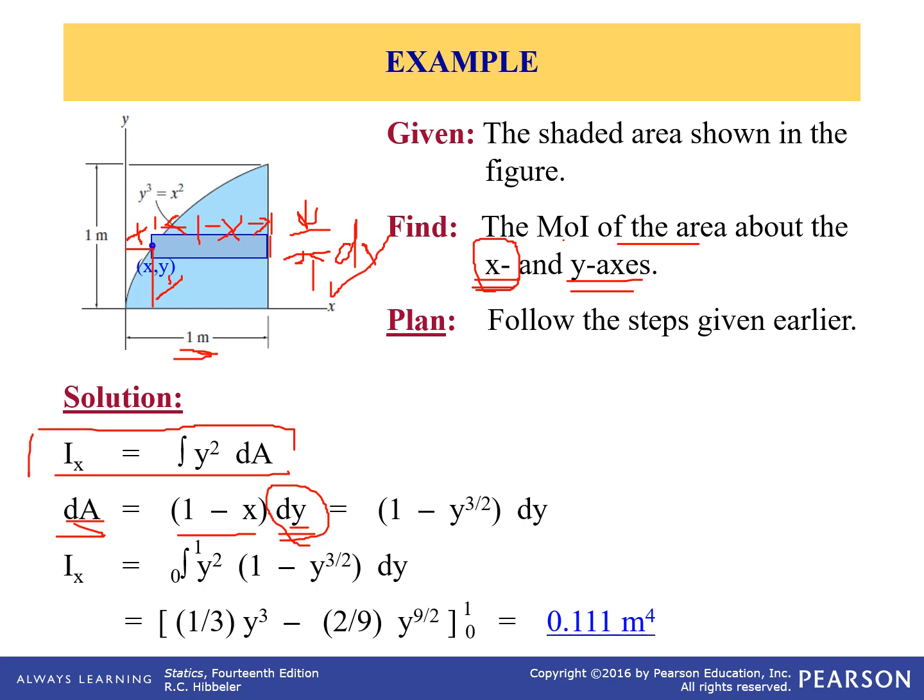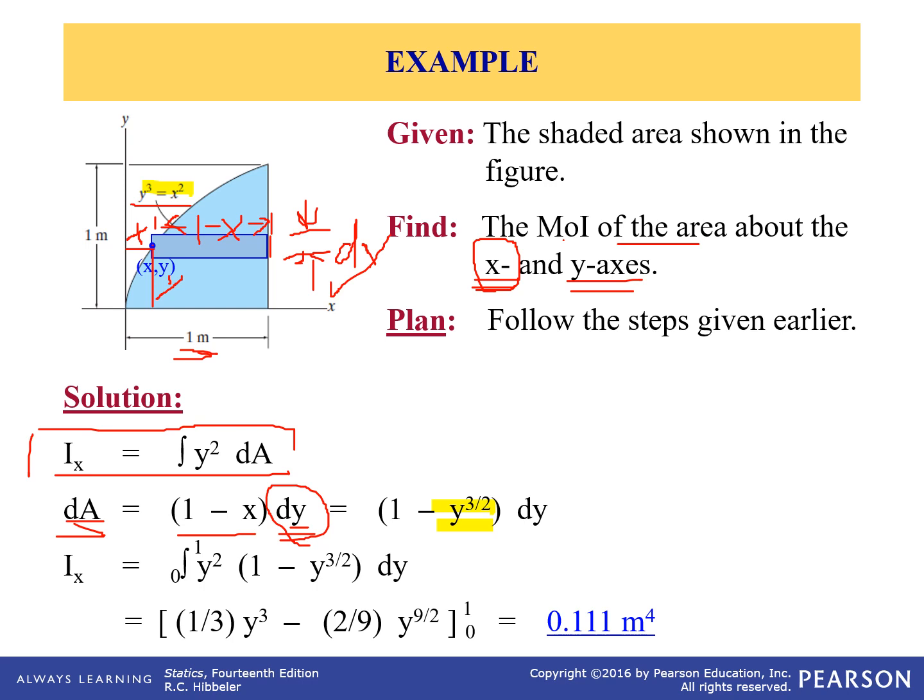Based on the given formula, y cubed equals x squared, we can write x in terms of y. So x equals y to the power of 3 over 2, and we leave the dy here.